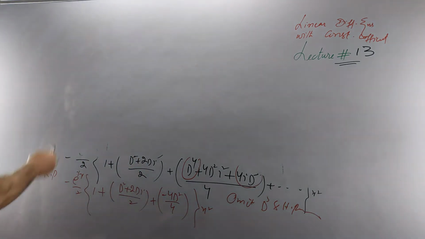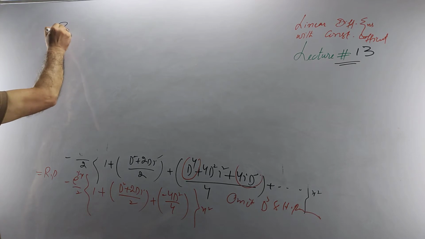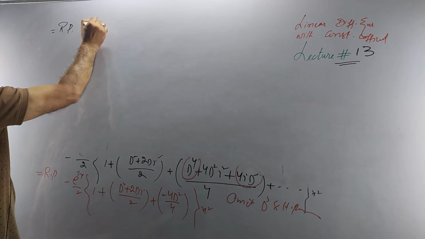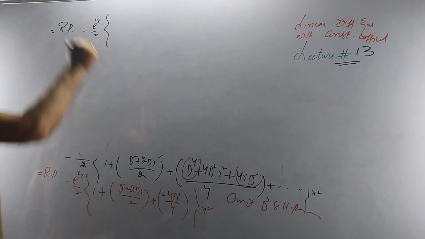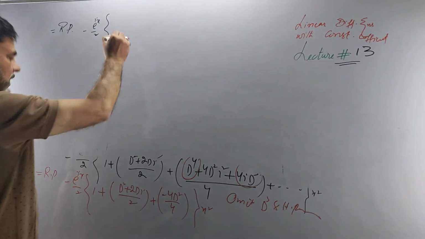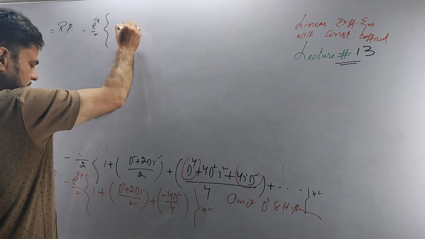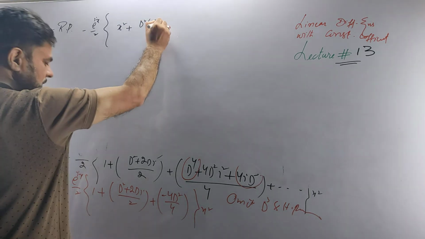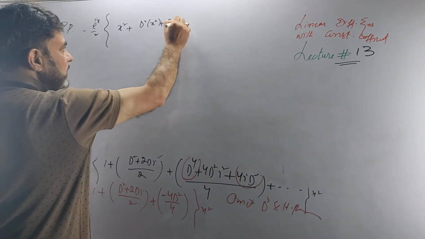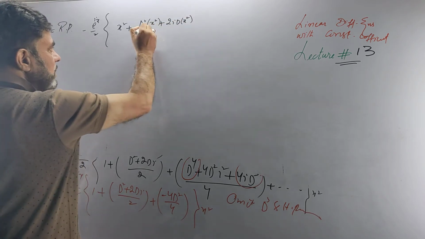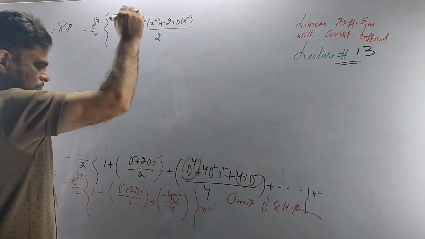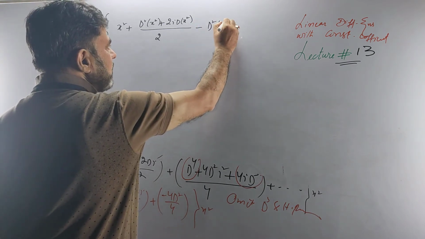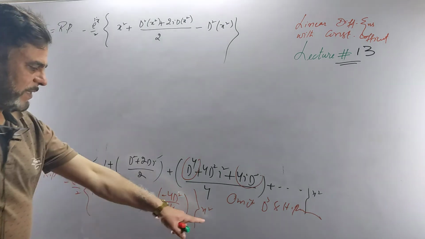Well, this is equal to a real part of minus e raised power iota x by 2. Take this x square here. This is now x square plus D2 of x square, then 2 iota D of x square by 2, then minus D2 of x square when we operate with x square.